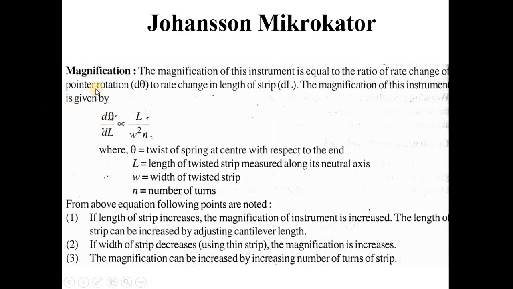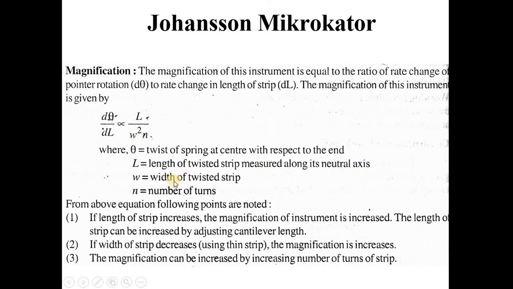So d theta by dl is directly proportional to L divided by W squared into N. What is meant by L? L is the length of the twisted strip measured along its neutral axis.